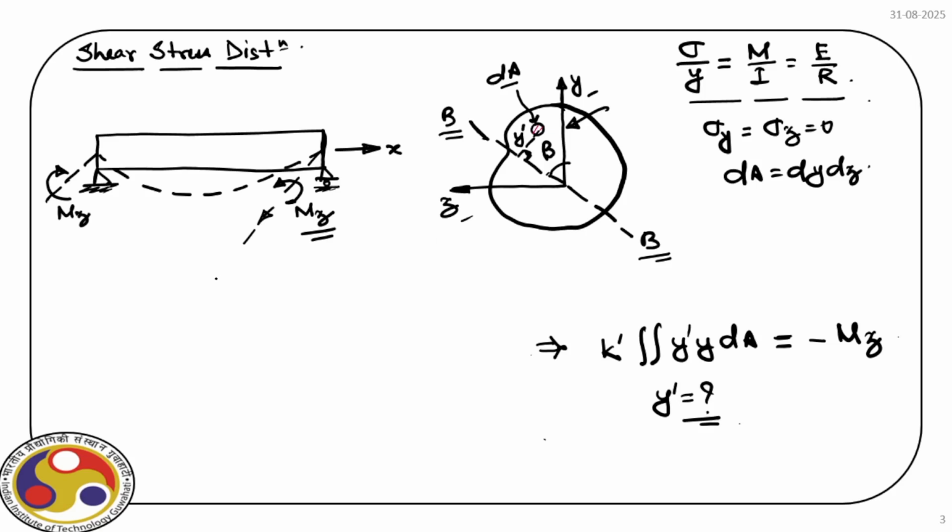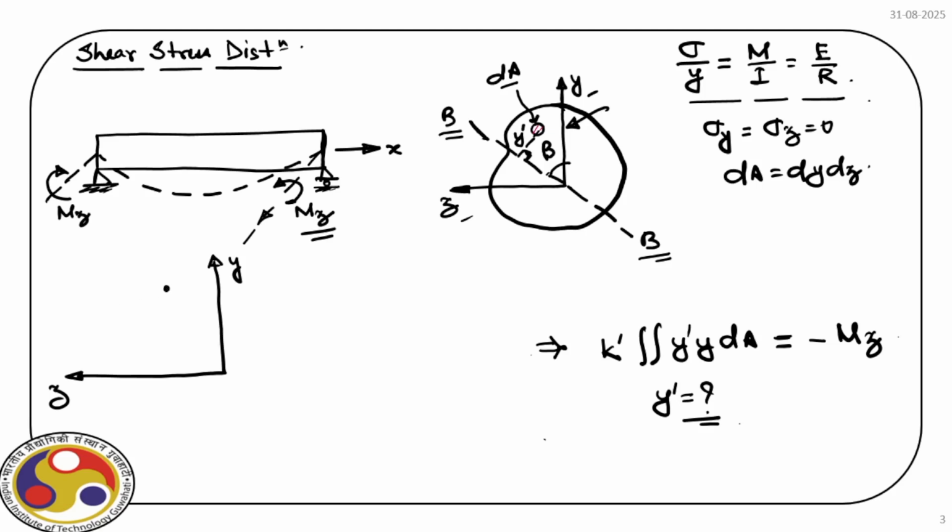redraw this section. So we have y and z axis, and the differential area is somewhere here.